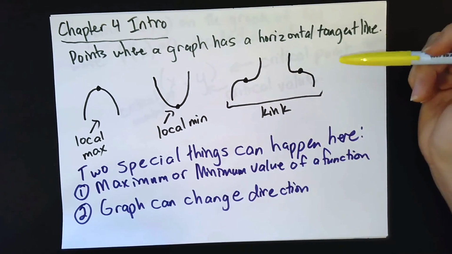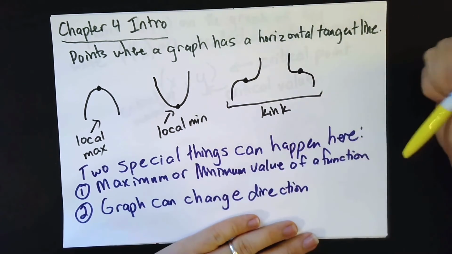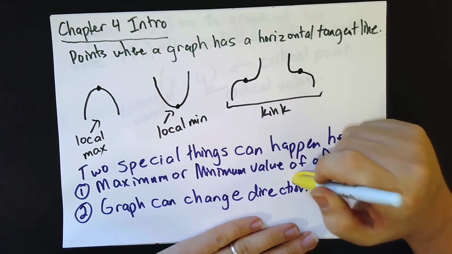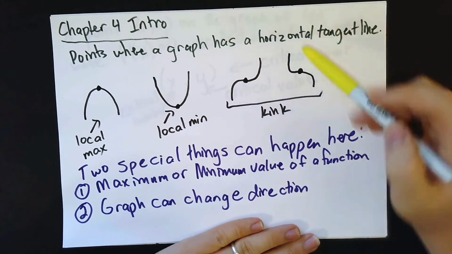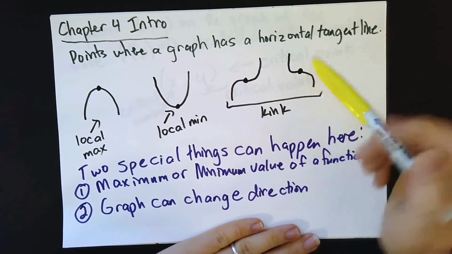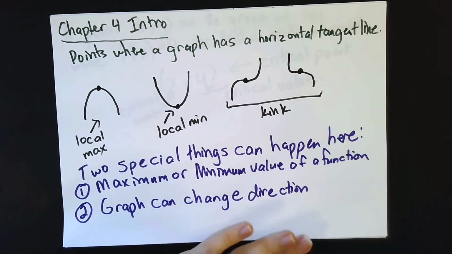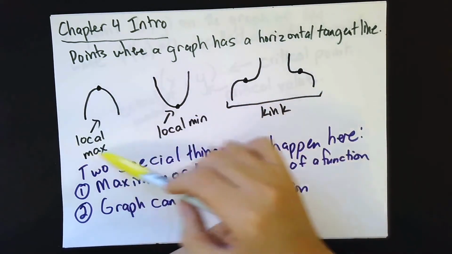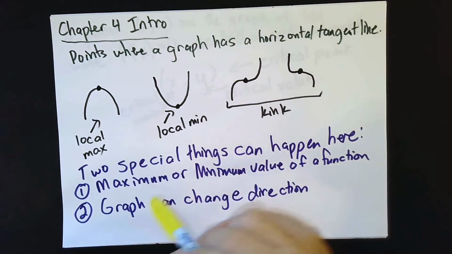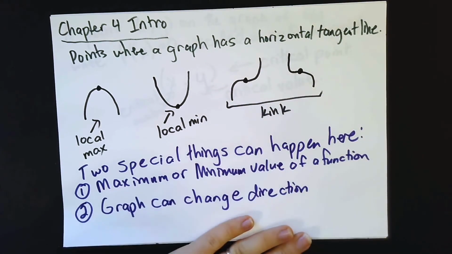I'll go ahead and point out, if you look at the 2 things we're interested in, which are maxes and mins, and where the function changes from increasing to decreasing or decreasing to increasing, neither of those things are going to happen at one of these kinks. So by and large, what we're really going to be interested in is places where the graph looks like one of these two things. And those places are going to hold the key for both of these two kinds of problems.